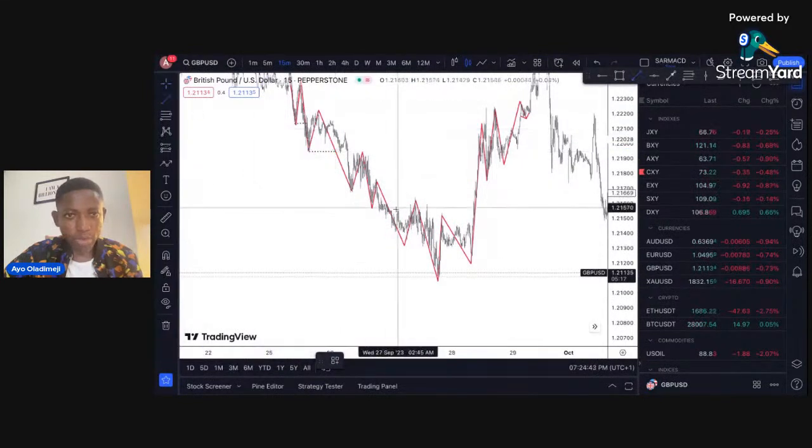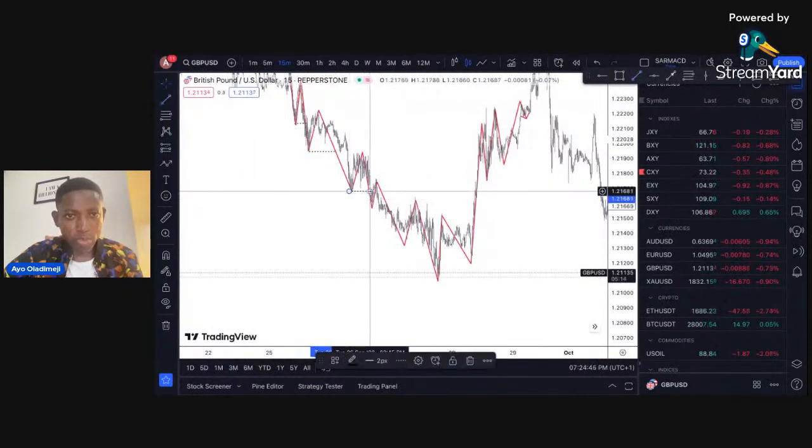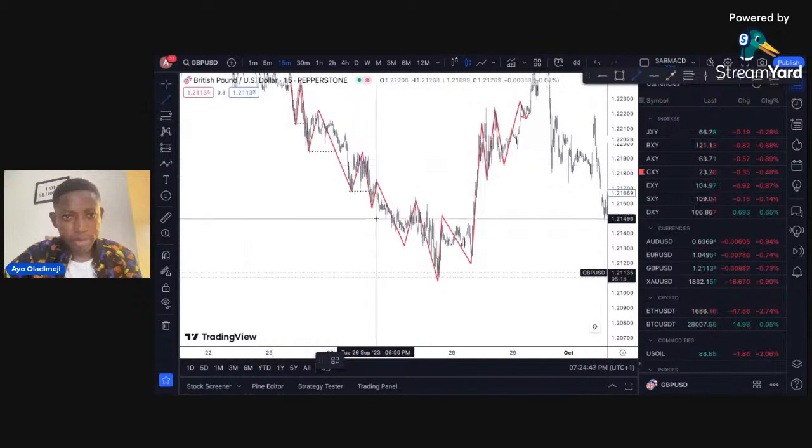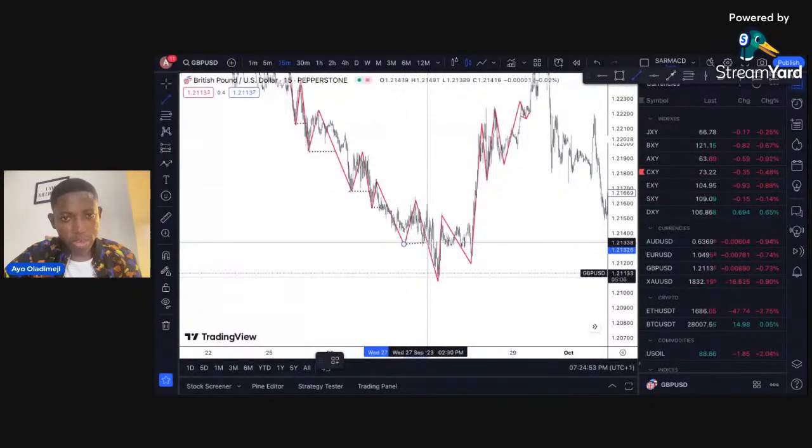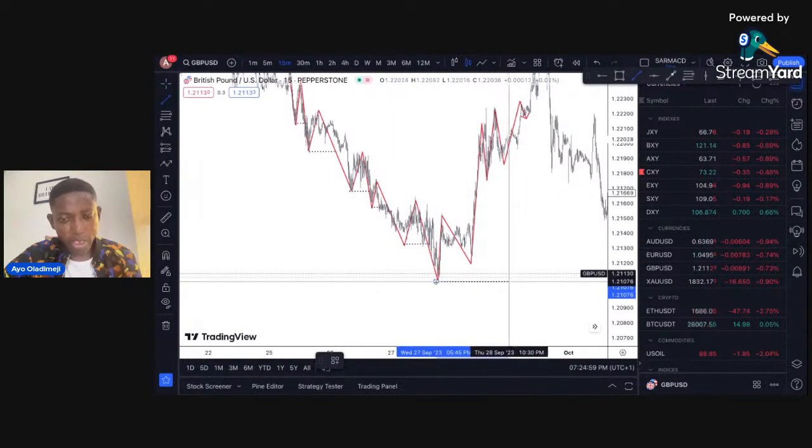Here, the low was broken. Here, the low was broken. Here, the low was broken. Now, here, look here. Here, the low was not broken. But what was broken instead? Look at this. This is the high, right? Boom. This is the lower high.